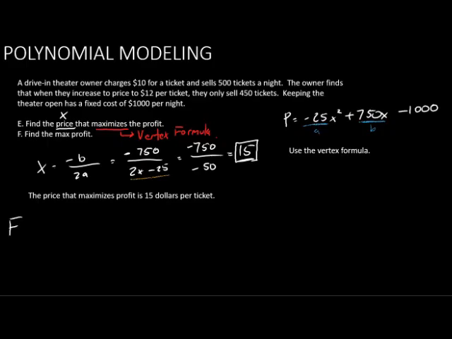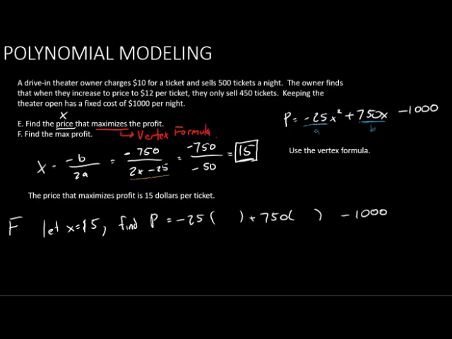To answer part F, we will now let x equal 15 and find the profit. Our equation for profit is negative 25 times x squared plus 750 times x minus 1,000.